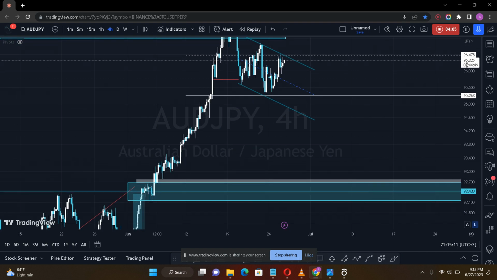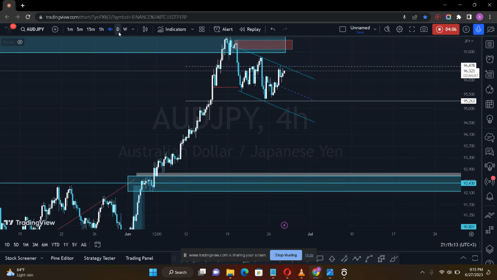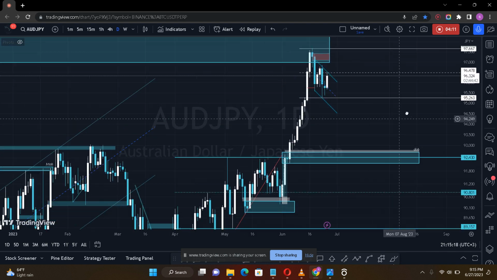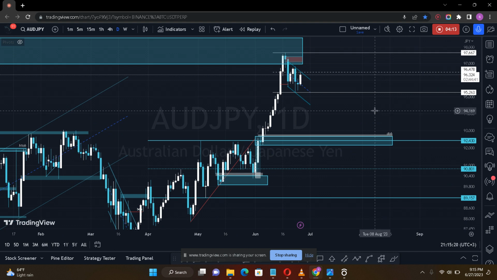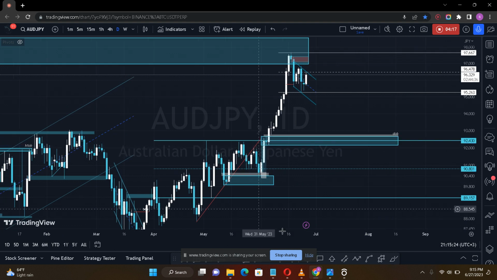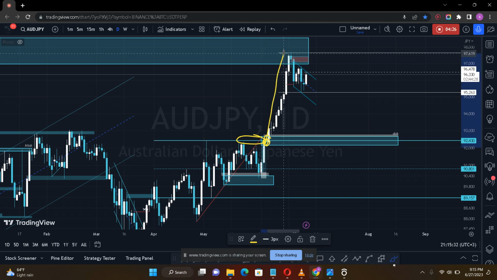Before we go there, let me zoom out to the daily and show my target. If I'm triggered into the market, my next target is this daily order block right here. So as you can see, price broke out of the previous month's range, and this particular sell candle here was the origin of this very sustained aggressive move to the upside.